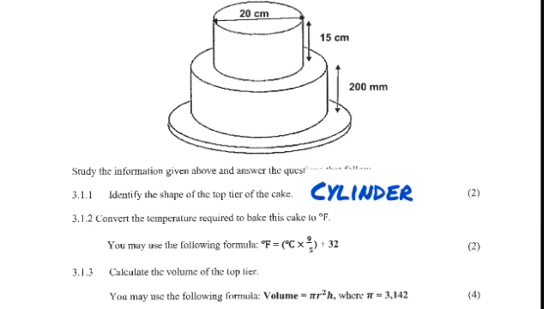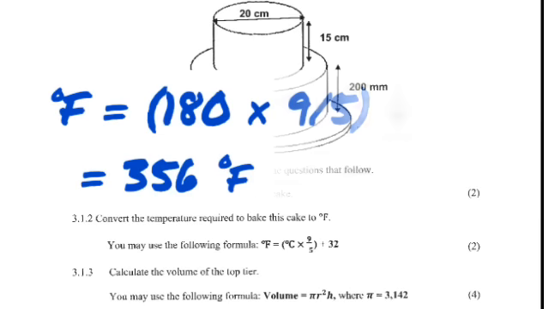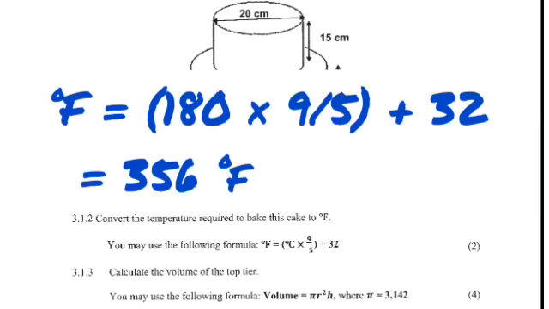Then in 3.1.2 it says convert the temperature required to bake the cake to Fahrenheit. Remember they said it needs to bake at 180 degrees. So basically we are converting the 180 degrees Celsius into Fahrenheit using that formula that says Fahrenheit is equal to open bracket degrees Celsius multiplied by 9/5 close bracket plus 32.